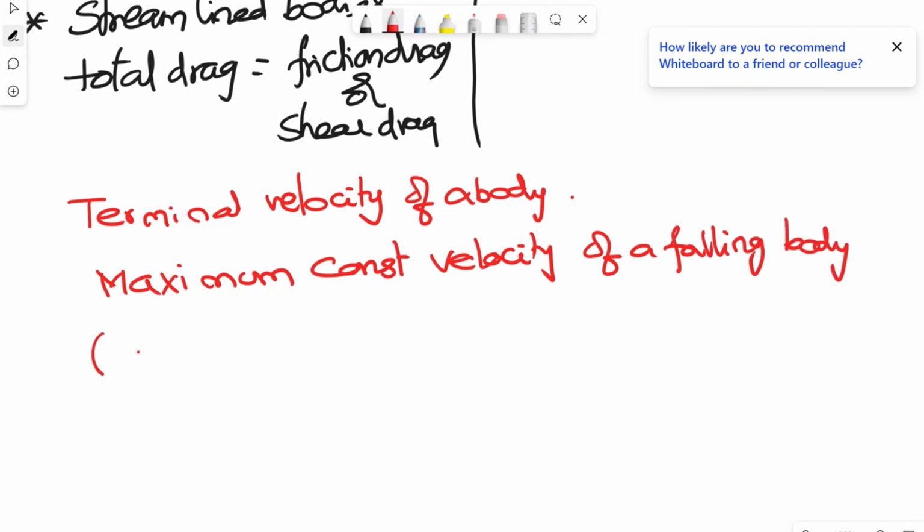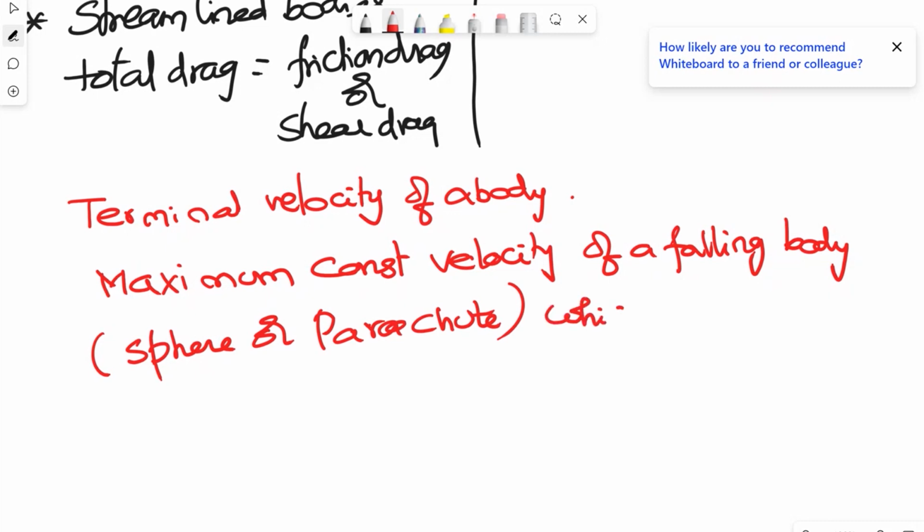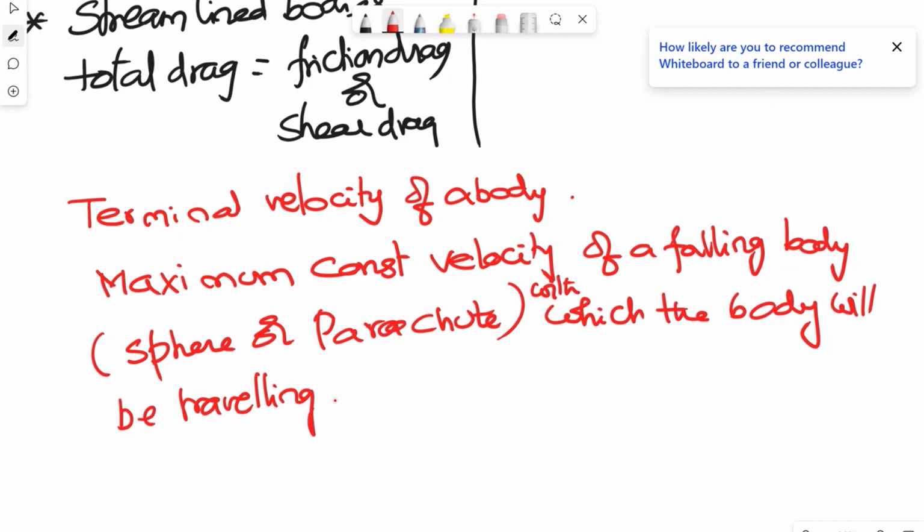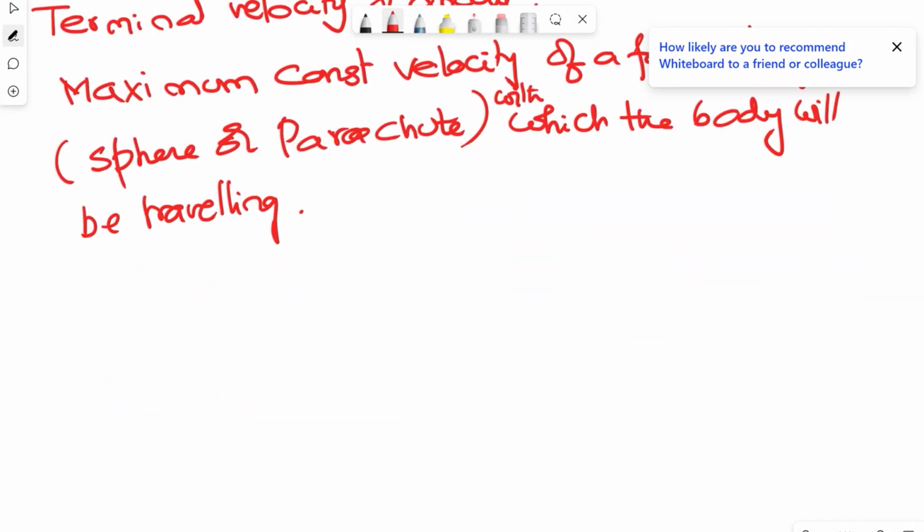Maybe a sphere, or mainly a parachute, that is one of the very good examples, with which the body will be traveling. The maximum velocity actually.